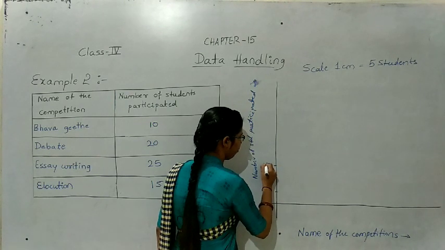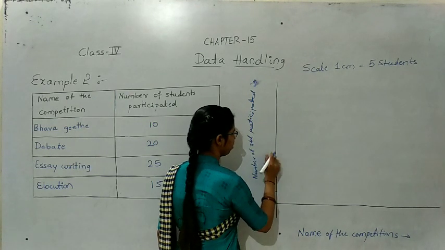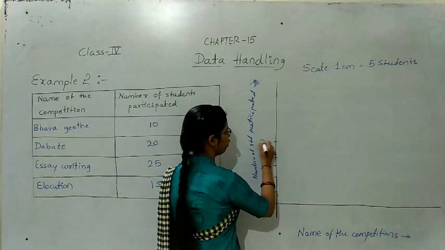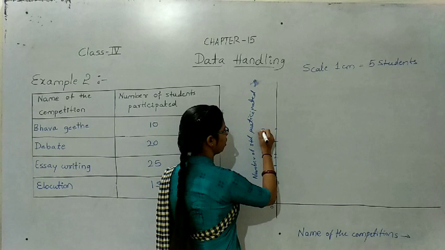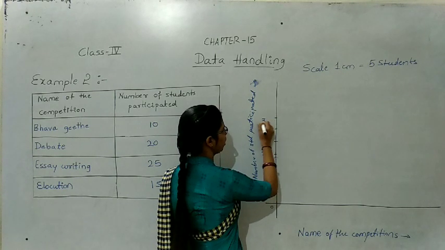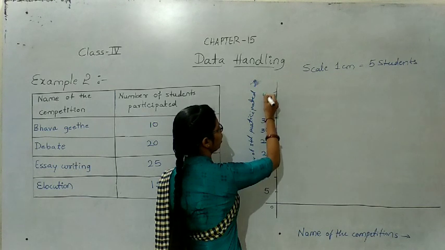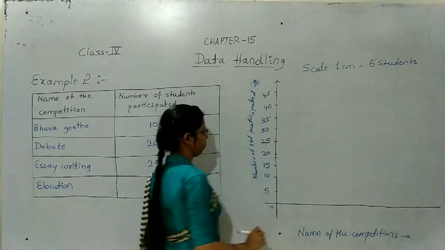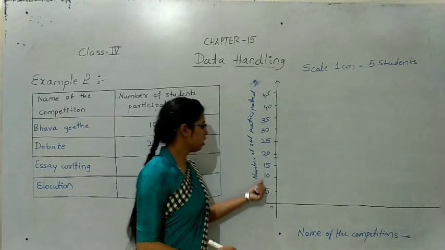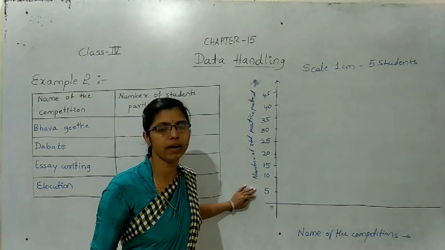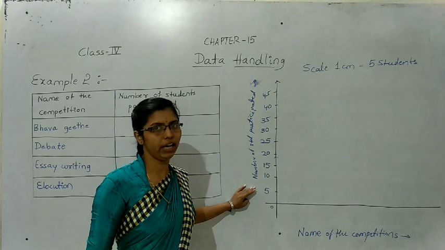10, 15, 20, 25, 30, 35, 40, 45. So these are the numbers of students participated in the competition.